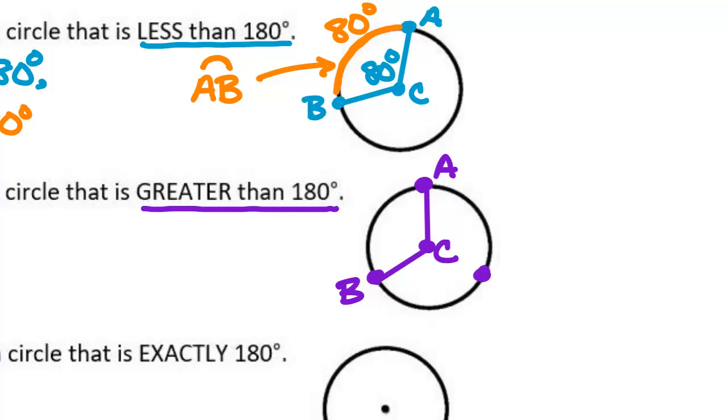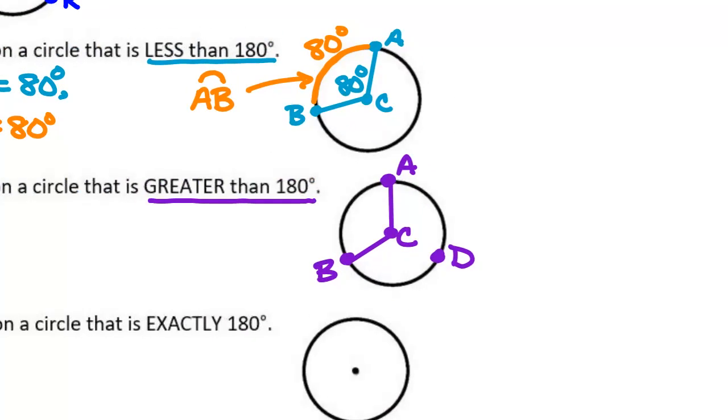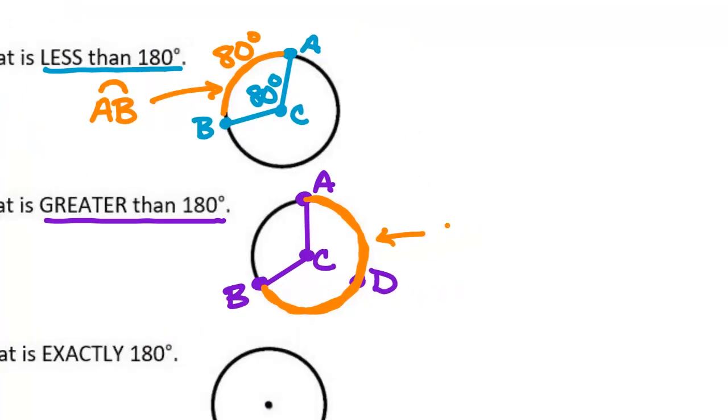And I'm going to put an extra point over here. This arc right over here would be a major arc. That is more than 180 degrees. And to make sure that I don't get it confused with arc AB, we're going to call this arc ADB. It has to also contain the point D.